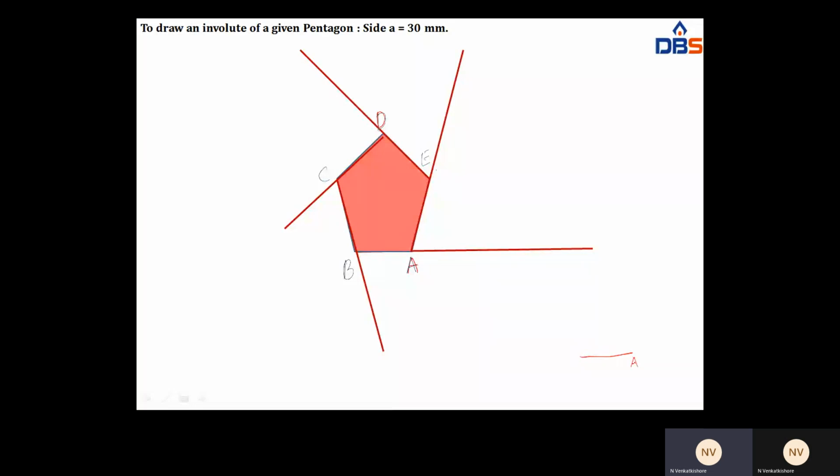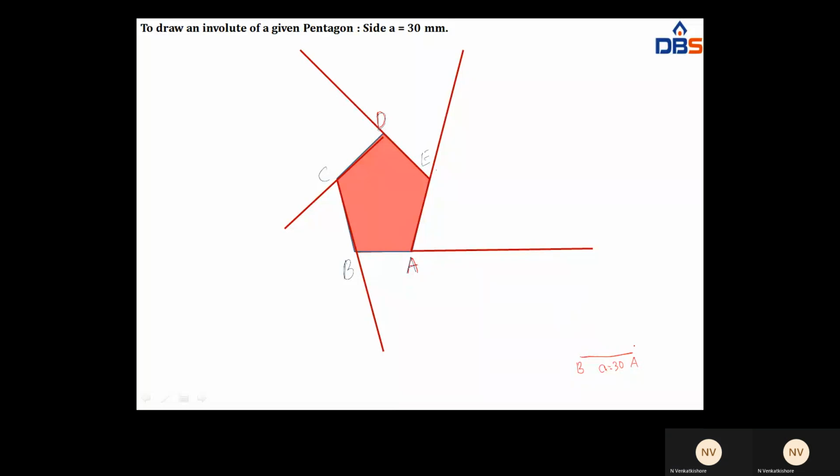Starting one, this is A and this is B. What is the side of the pentagon? It may be 30 or whatever. Here they may have given the side as 30 mm. Okay.